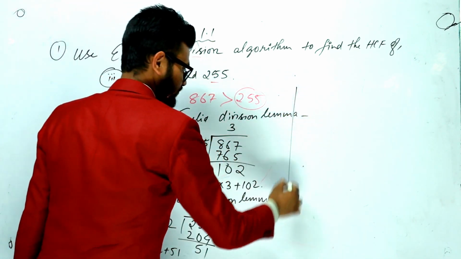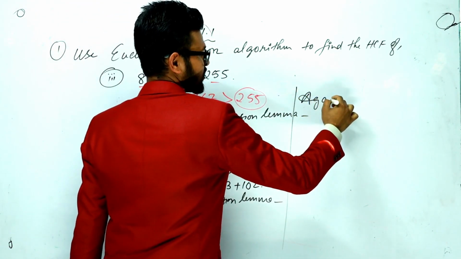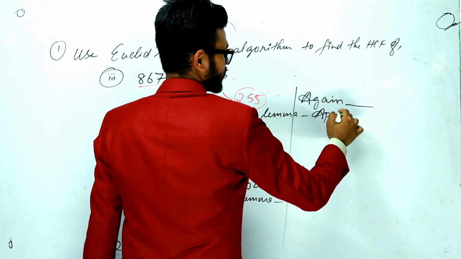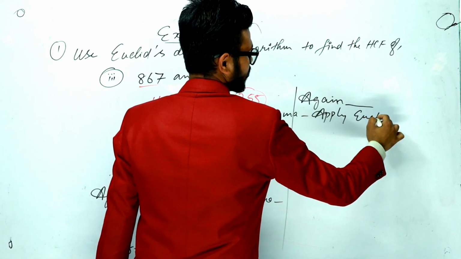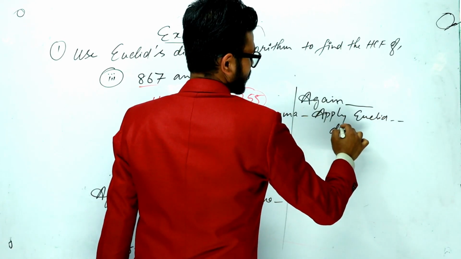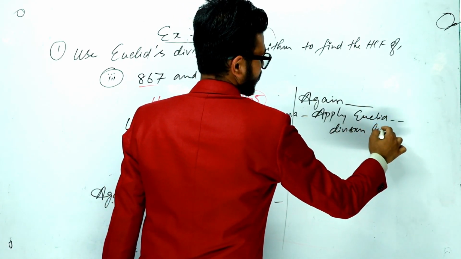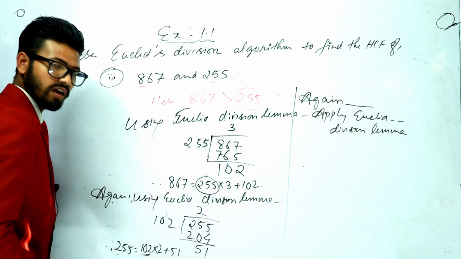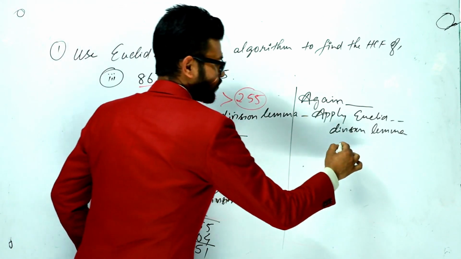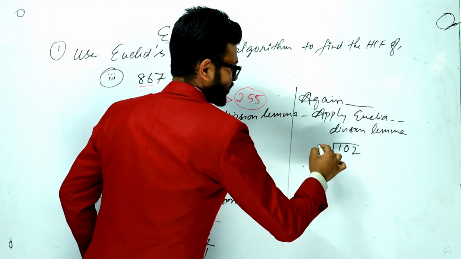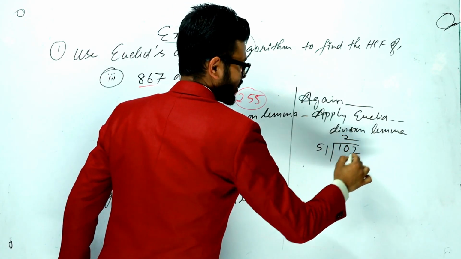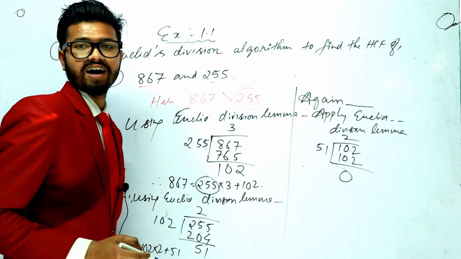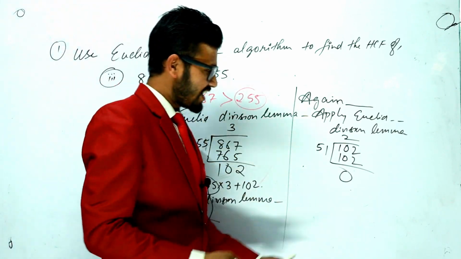So again applying the Euclid division lemma. So here what will be the dividend? 102. 102 divided by 51. 51 twos are 102. The remainder is 0. That means we finally got the remainder 0.